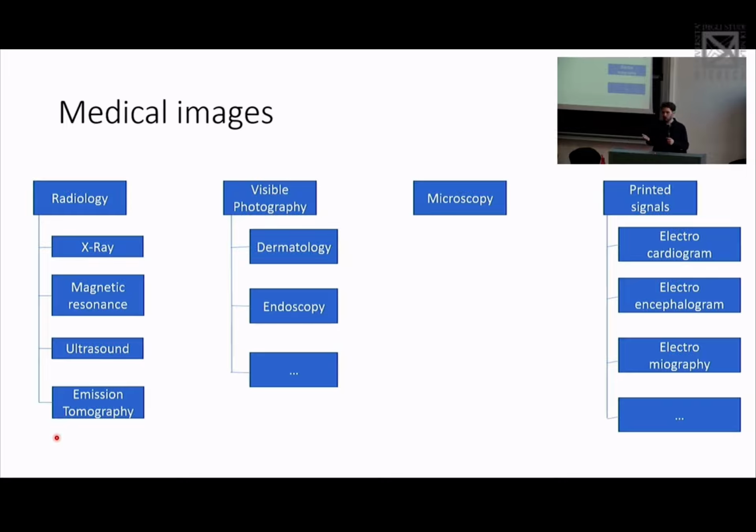If you have endoscopy, they will put a camera maybe in your stomach or in other cavities and look with a camera, without any specific magnification. Then you have microscopy that still deals with visible light or maybe with fluorescent staining, but you have lots of enlargement.